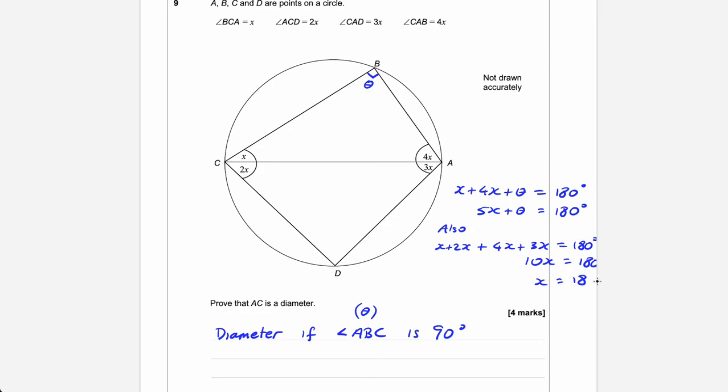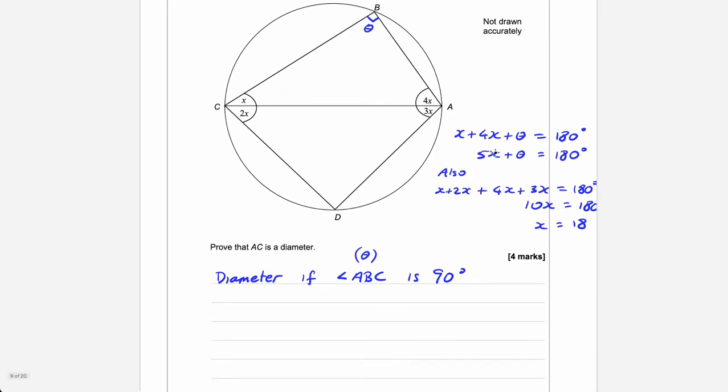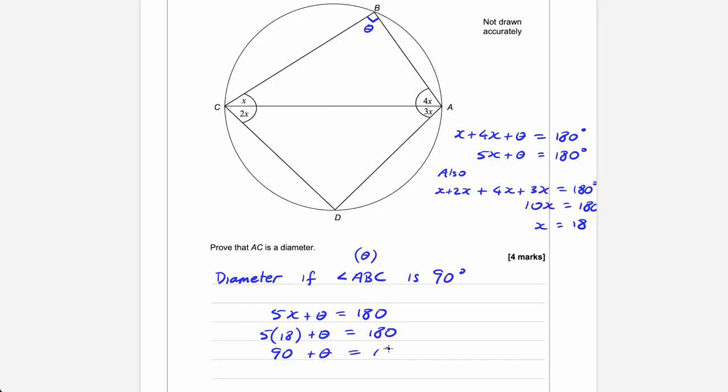Okay, so if x is equal to 18, let's go back to this guy here. If x is equal to 18, 5x plus theta equals 180. X is 18. 5 times 18 plus theta equals 180. 5 times 18 is 90, so 90 plus theta is 180, which means theta is 180 minus 90, which is 90 degrees.